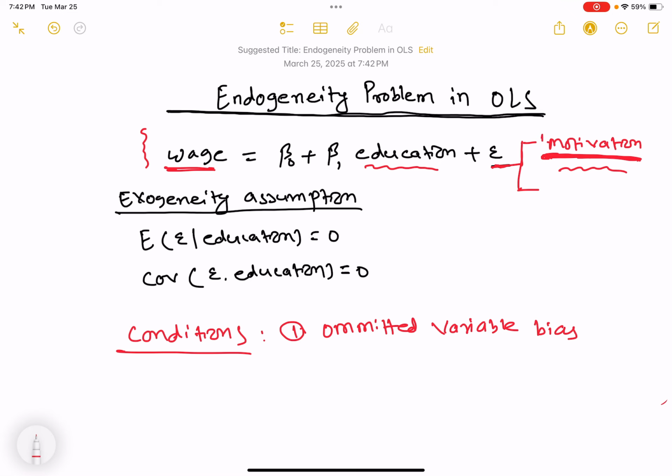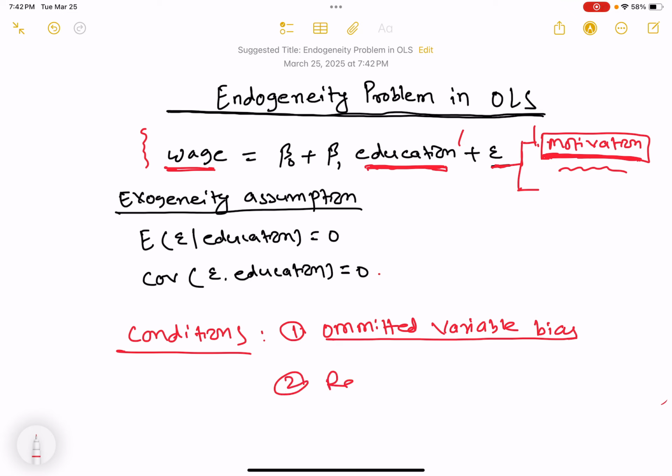That's why this variable cannot be observed, is omitted from the model, and hence this education has something to do with, or correlation with, this motivation. Higher the motivation, higher the education. That's why from this omitted variable bias, this exogeneity assumption is not going to be satisfied, causing the endogeneity problem.